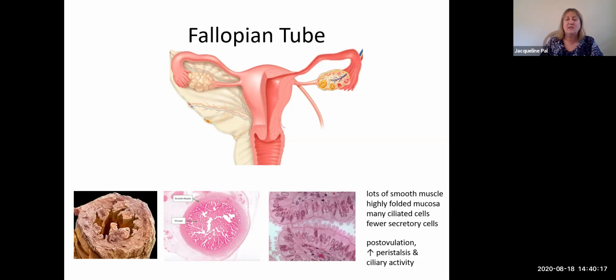When we see pictures later on, you'll see that it's nearby. So the oocyte is ovulated into the peritoneal cavity, and it's the movement here that will create currents in the peritoneal fluid for it to enter the fallopian tube.